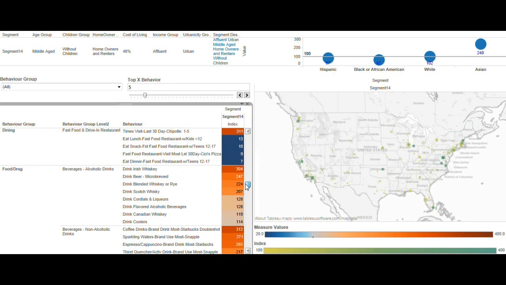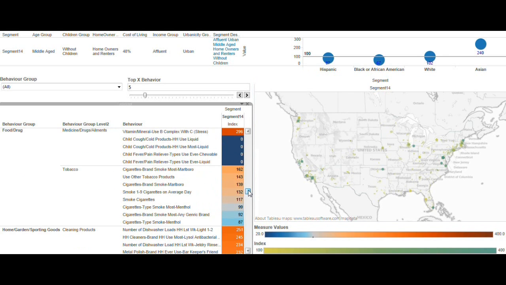So there's a lot of information about each of those segments. They index high, for example, on drinking Irish whiskey, and they index low, for example, on using cigarettes that have menthol.